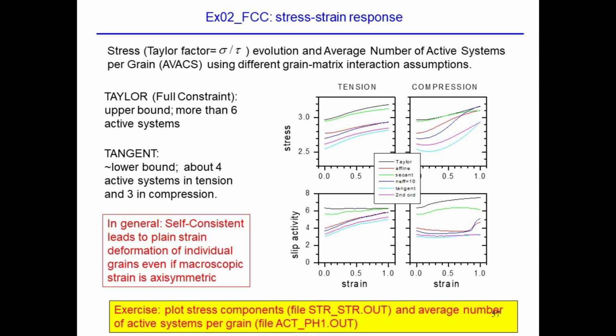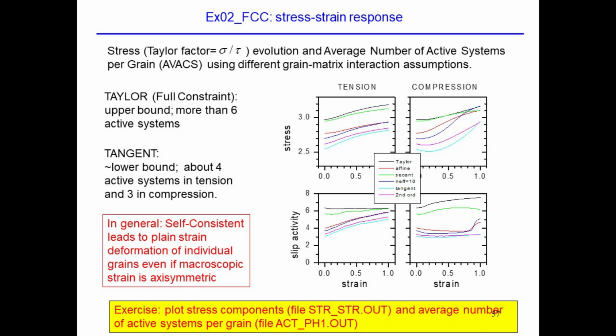And then I show you these results, which are obtained for all the possible interaction assumptions between the inclusion and the medium. As I said, the Taylor and the secant assumption correspond to a medium that is very stiff, meaning that the medium is going to force the inclusion to do whatever the medium is doing.